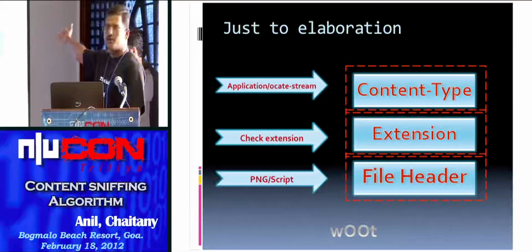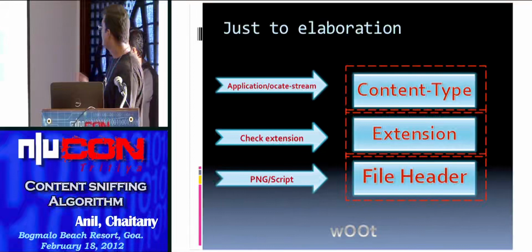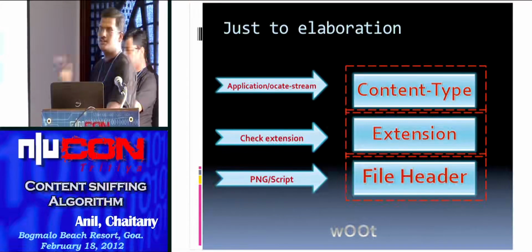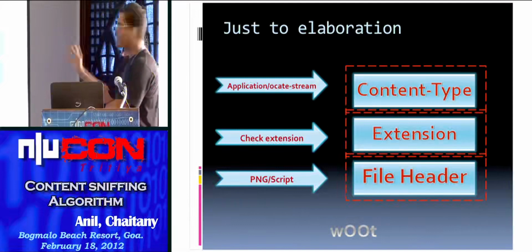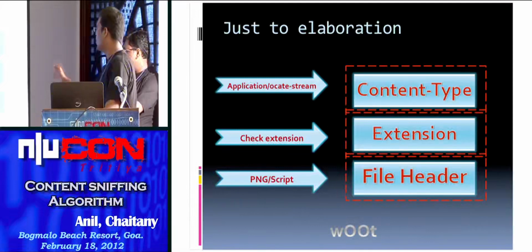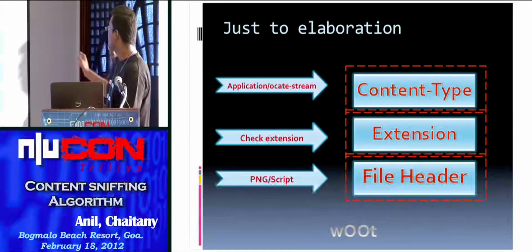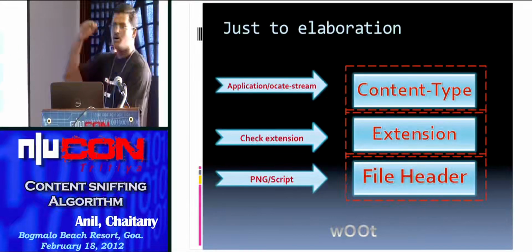So again, just to elaborate: content type application/octet-stream, then the extension, which will be JPQ. It's similar to JPG, looks like that. So it will check the extension, where it will get failed. Then the file header. So here the actual content sniffing is getting started.